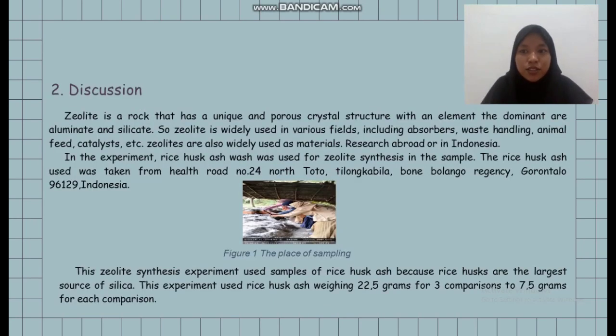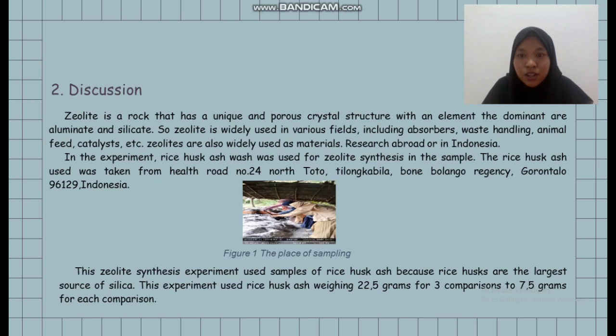The next is discussion. Zeolite is a rock that has a unique and porous crystal structure with dominant elements of aluminate and silicate. Zeolite is widely used in various fields, including absorbers, waste handling, animal feed, and catalysts, and zeolites are also widely used as research materials abroad or in Indonesia.